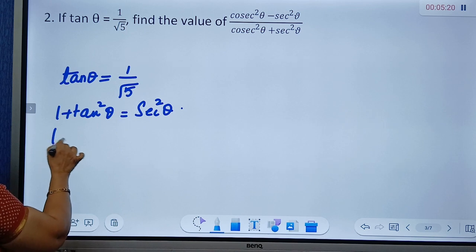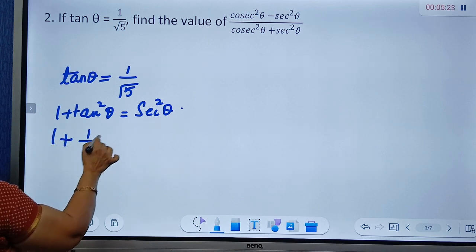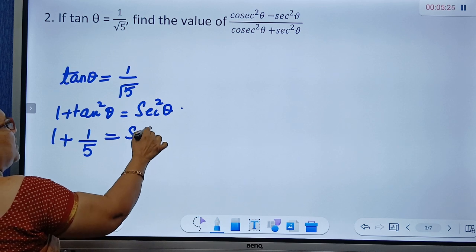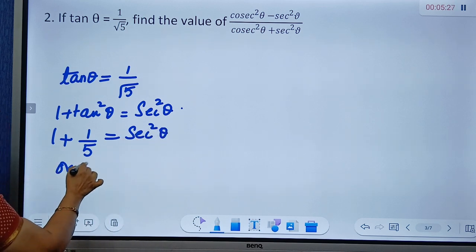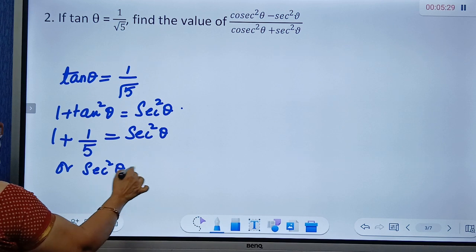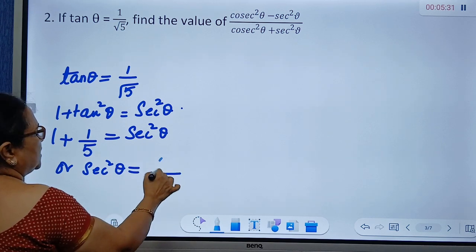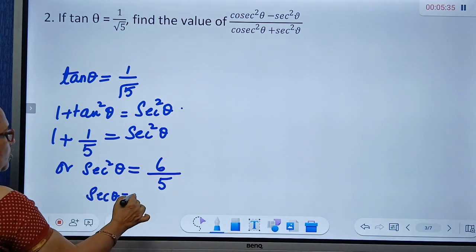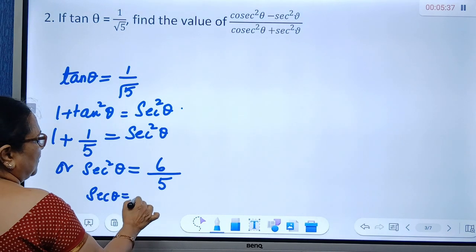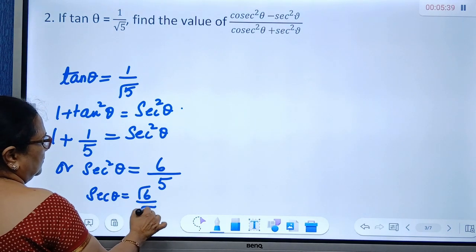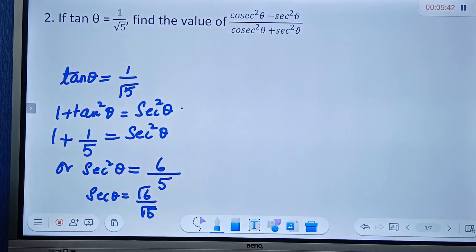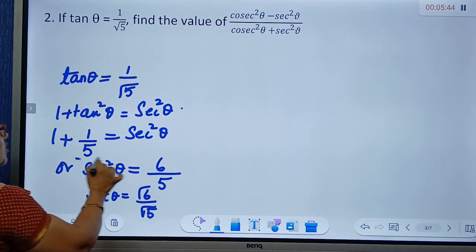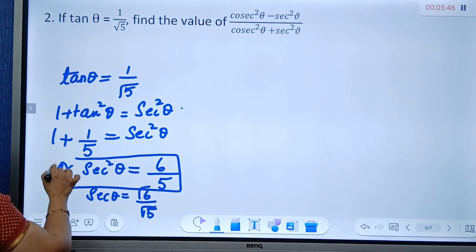So, using that, 1 plus 1 by 5 equal to secant square theta, or secant square theta is equal to 6 by 5, or secant theta equal to root of 6 by 5. But we need only secant square theta, so we can stop with this.